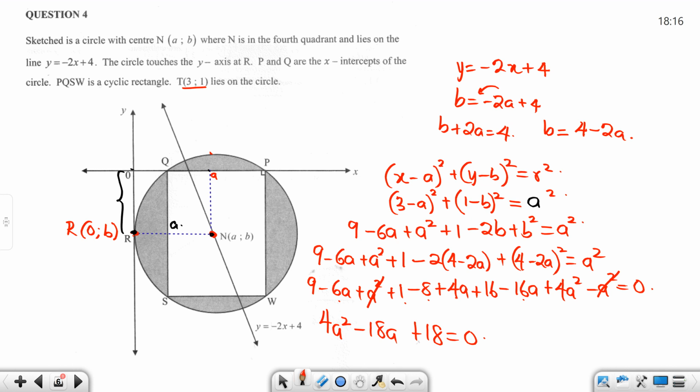We cannot divide by 4. Okay, all right, you factorize. Get me A quickly.